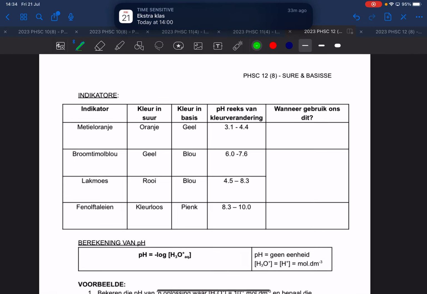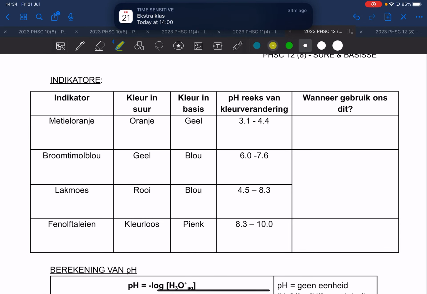Right. Then we have a few indicators, indicatore, that we use to indicate if something is an acid or a base. Now there is a massive long list that you can use. For example, purple cabbage kan jy ook gebruik. We are going to focus in grade 12 on these 4.